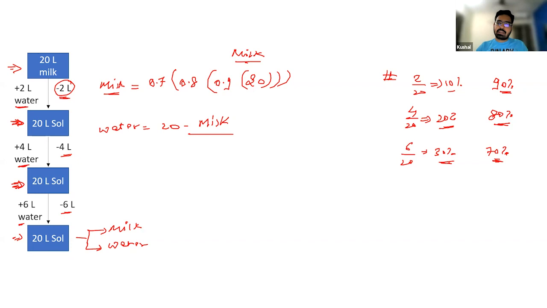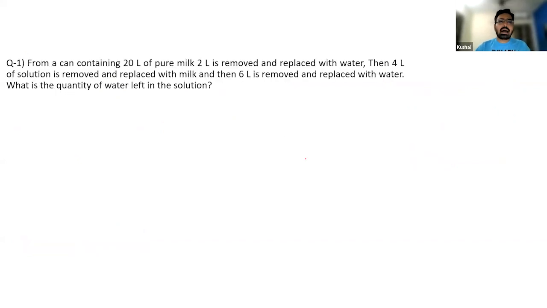Okay, so the drill remains the same as that of our previous sessions. So let's move on and let's look at the first question. 1.5 minutes of time for you to try and do this.